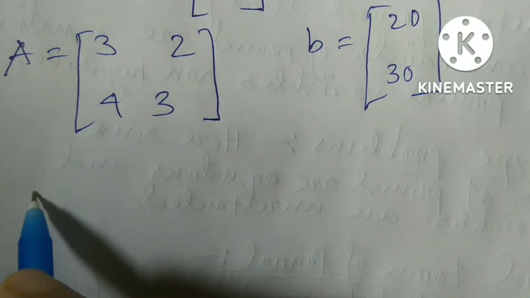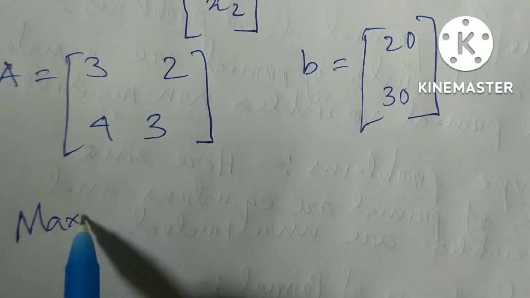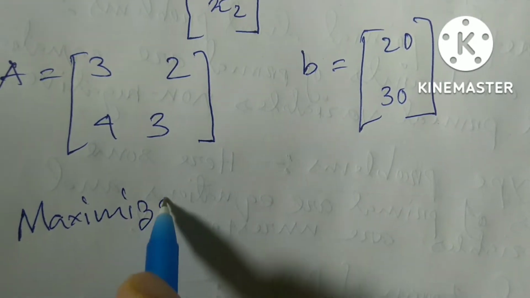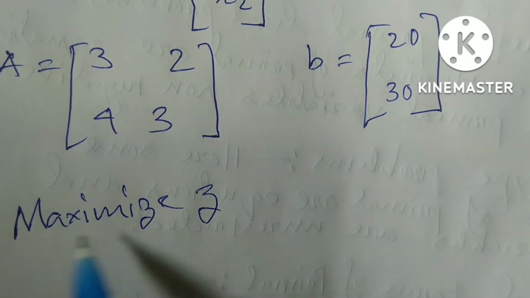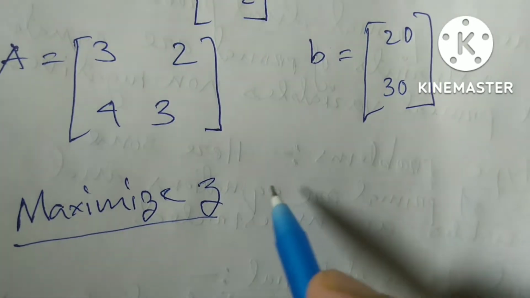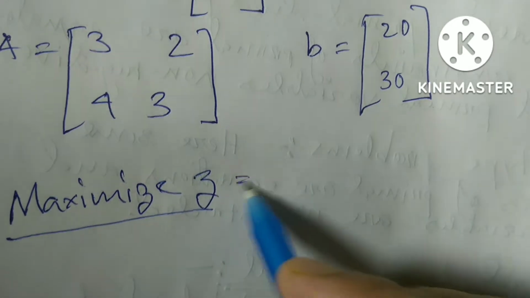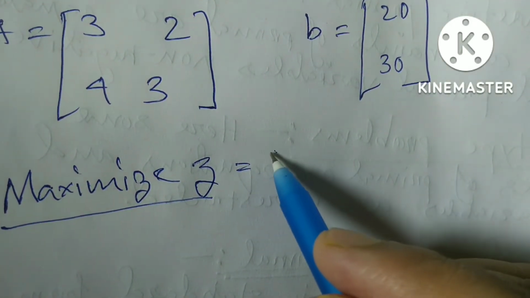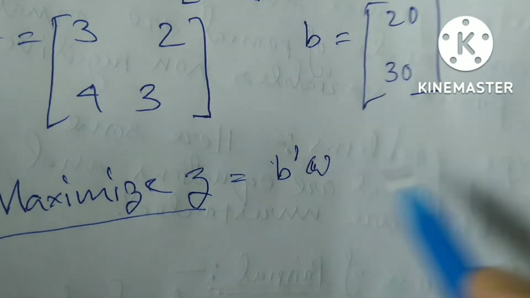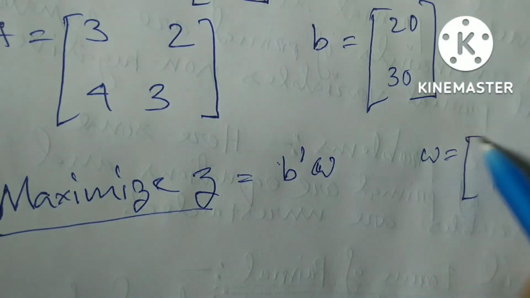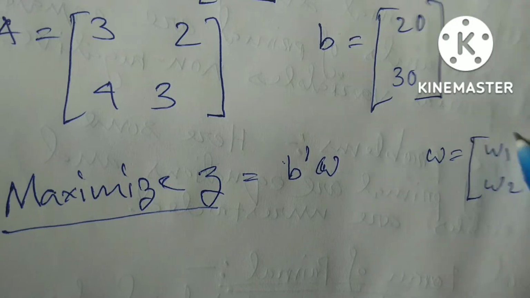So I can write it into dual form. As the problem is minimize, I can write it as maximize. Maximize Z = b'w, where w = (w1, w2).